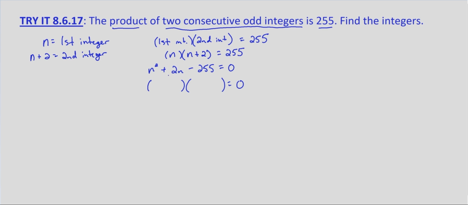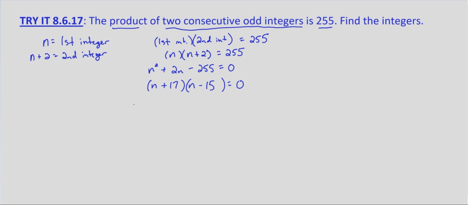Now, since we're adding 2n, we know that the bigger of the two is going to be the plus. So n plus 17 times n minus 15. And that would give us n squared plus 17n minus 15n, which is 2n, minus 255.